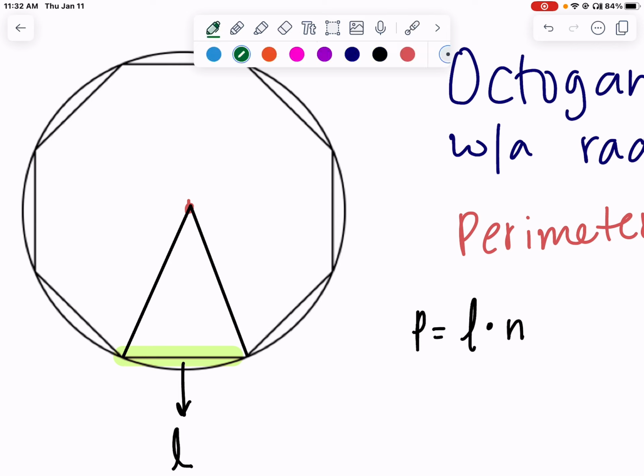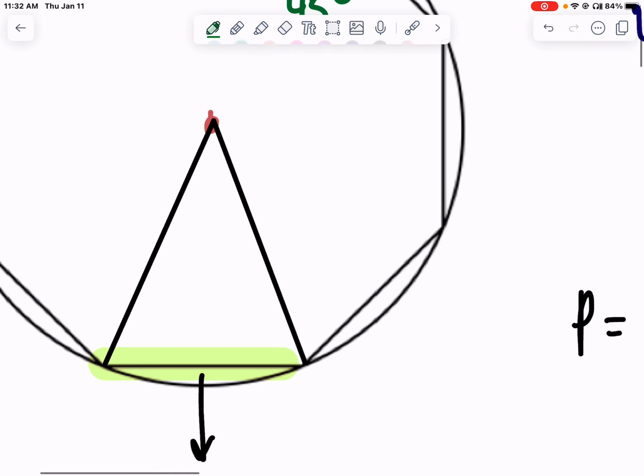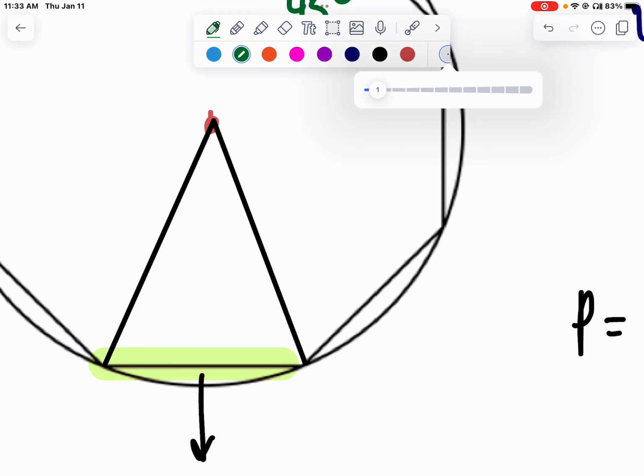So this larger angle at the top is going to be theta, which is 360 divided by my number of sides, which is 8, which gives me 45 degrees. I'm not going to write that in yet because I'm going to zoom in and look at this triangle, and we're actually going to break it up even more.